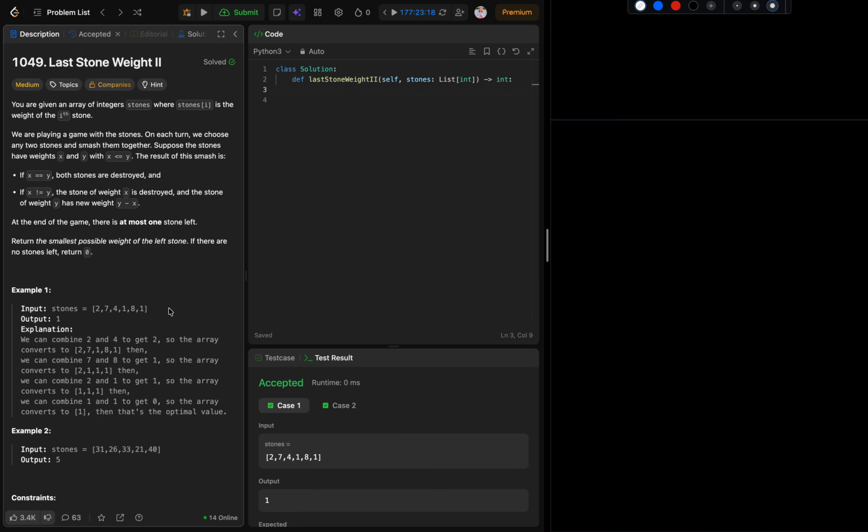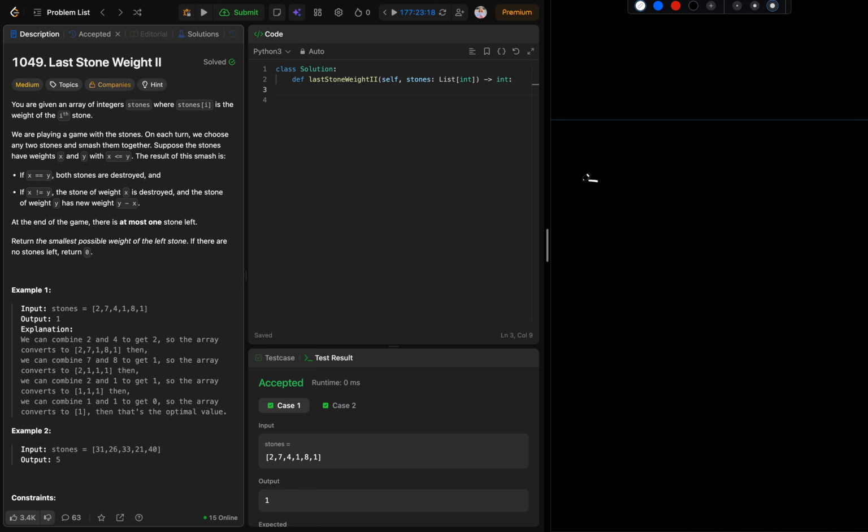So if we go through this first case, they took 2 and 4 together. Oh yeah, okay. You basically want to have two halves to this list.